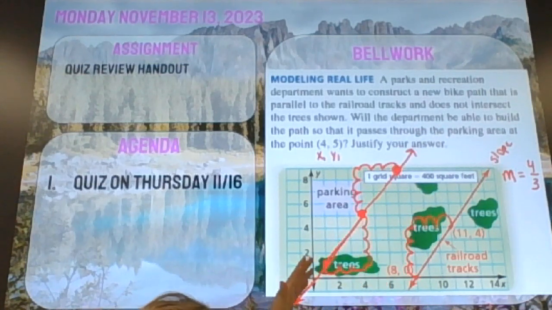But if they want to start down here at this corner, they're going to have to take out this tree here. It says you cannot intersect trees shown. So the answer is no, they can't.